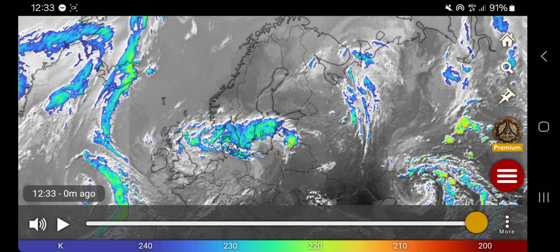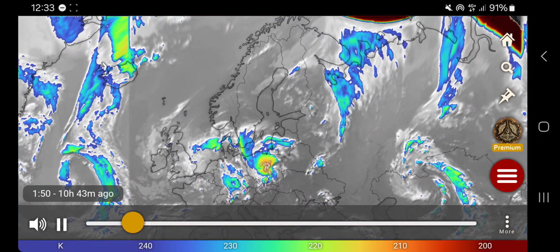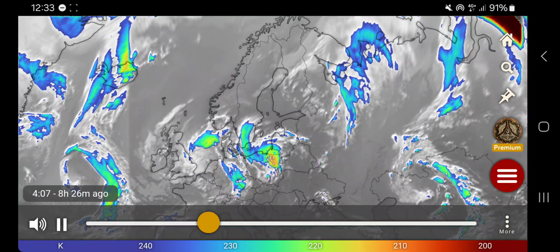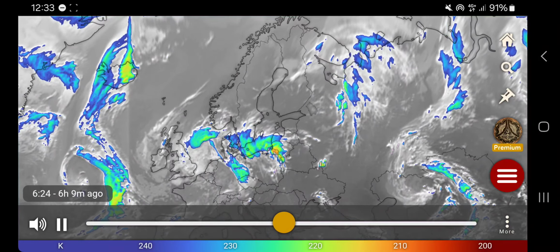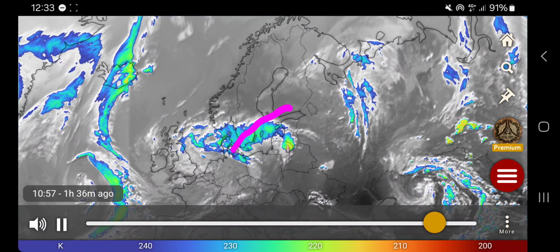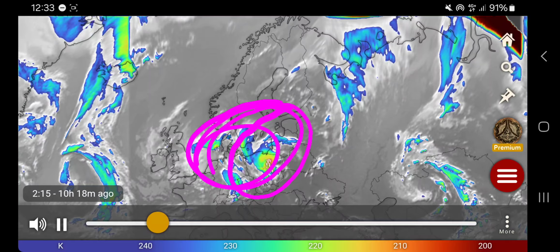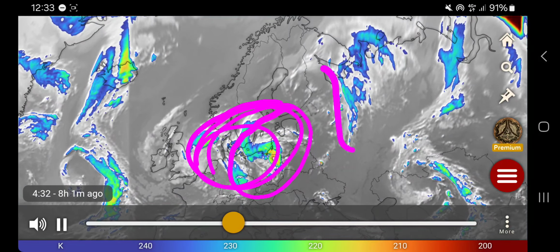This is the first example. I just want to show you something. This is satellite from 12 hours in Europe. I want you to approximately try to remember where we have the thunderstorms. There's an area, and it's moving, that's why I draw it a little bit more.